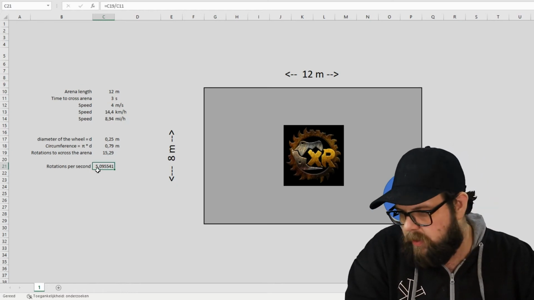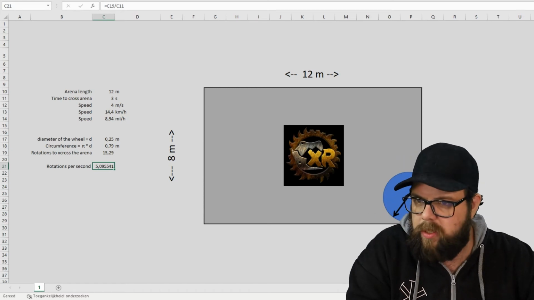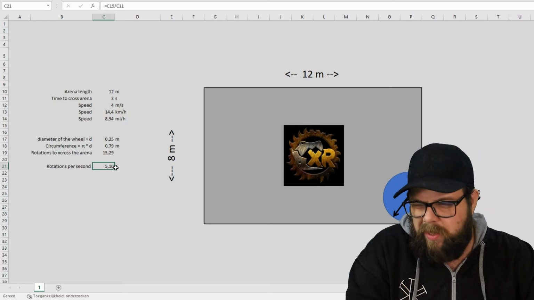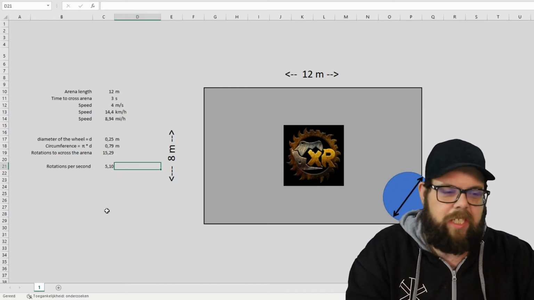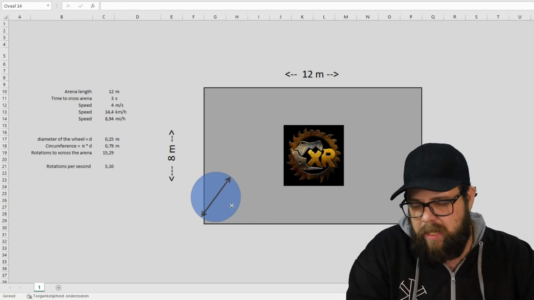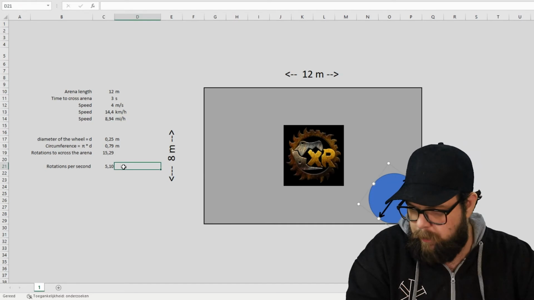And we found out per second it has to do 5.95. Let's round that down. 5.10 rotations per second to get from this side of the arena all the way to this side of the arena in 3 seconds.